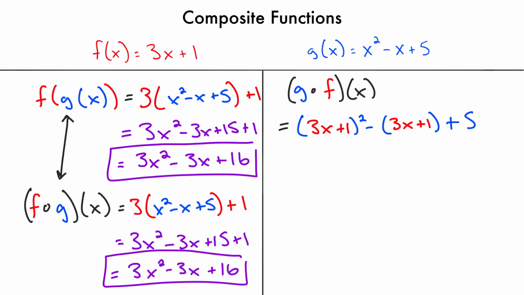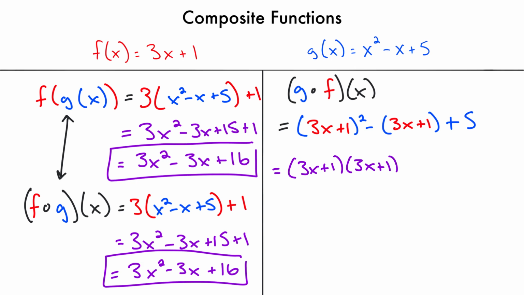Here's the biggest mistake I see students make when they do this process. When I ask you to take 3x plus 1 and square it, a lot of students just distribute the second power and go, oh, it's 9x squared plus 1. That is incorrect. The way that you should visualize this is 3x plus 1 times 3x plus 1.